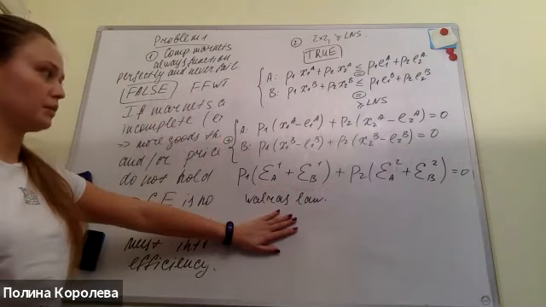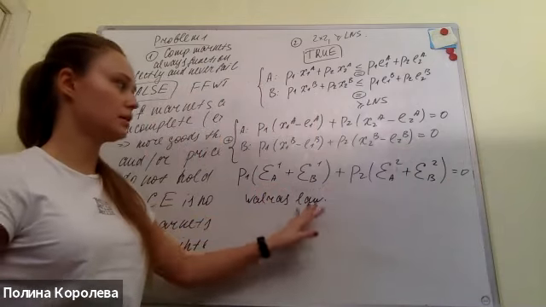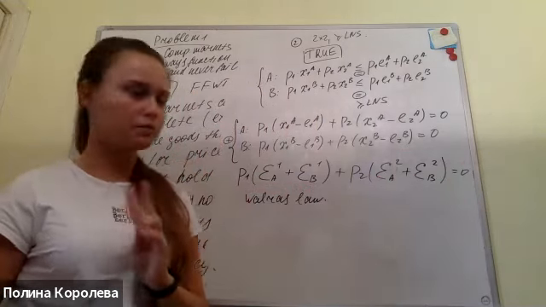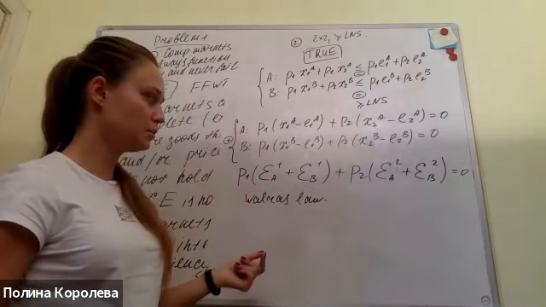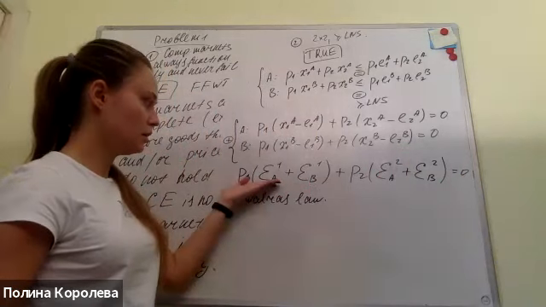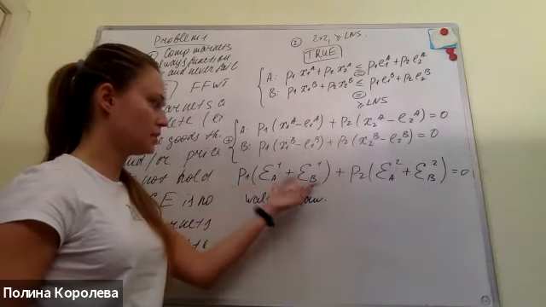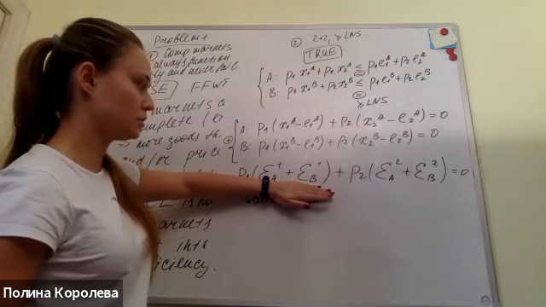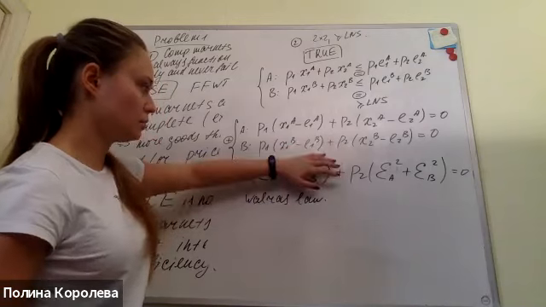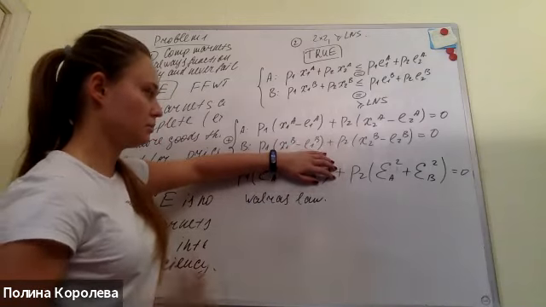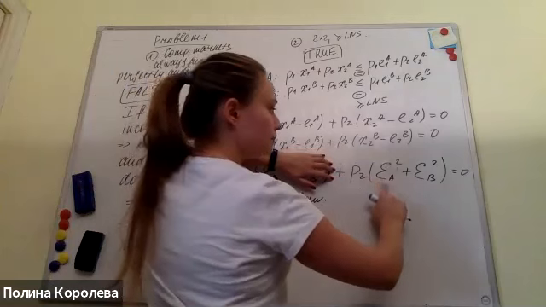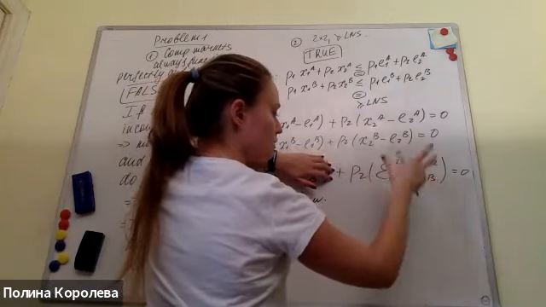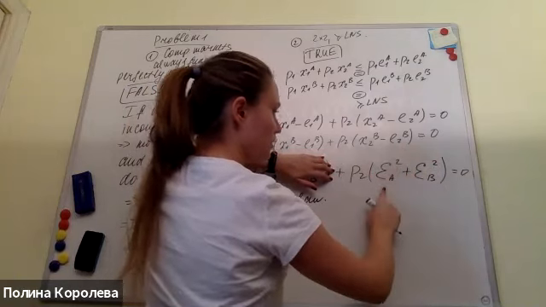What does that mean? Walras law tells us that for two markets, if we have one market in equilibrium, the sum of excess demands on this market equals 0. So if these brackets are equal to 0, the sum of excess demands for the second market should automatically be equal to 0 also.